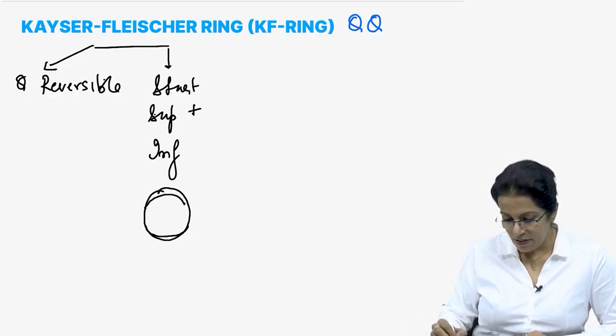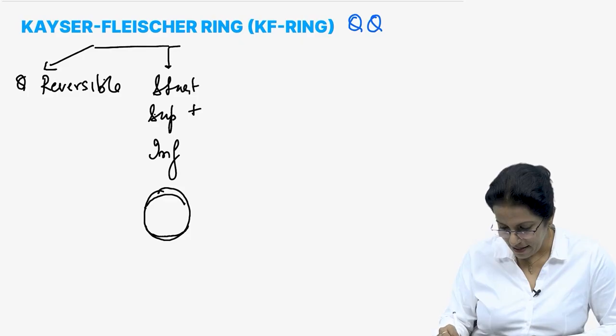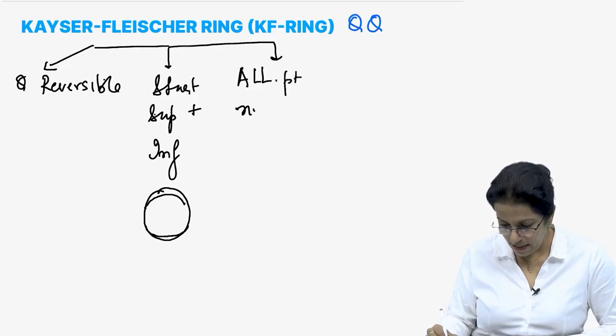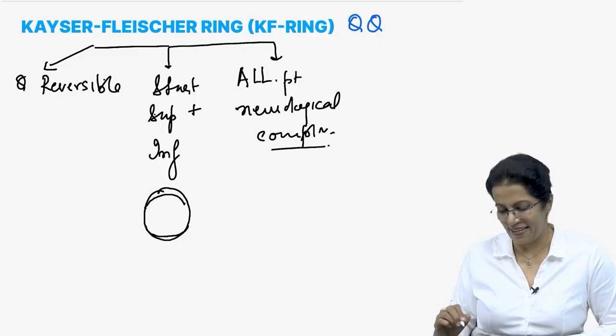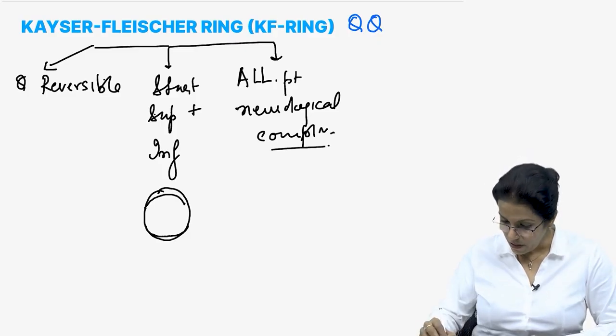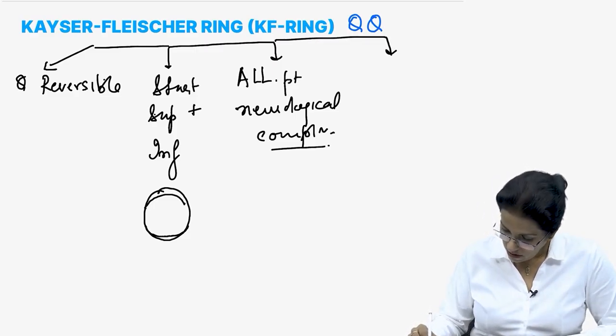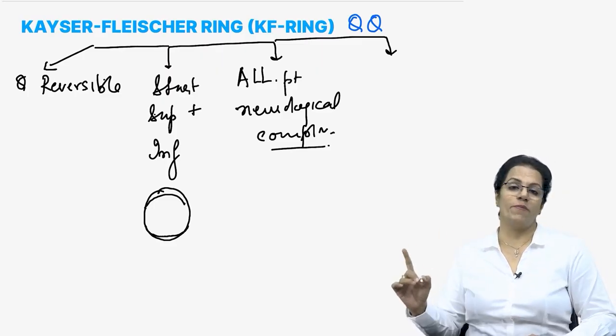Okay, then the third important thing: all patients with neurological involvement or complication in Wilson's disease will present with KF ring. And what was not correct, the answer of your exam, was not all patients of hepatic involvement.